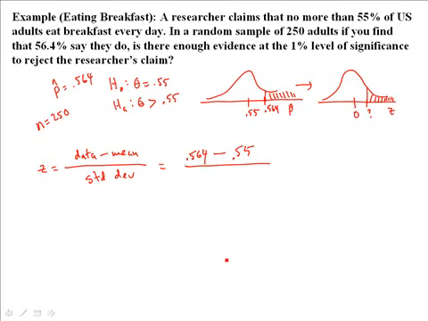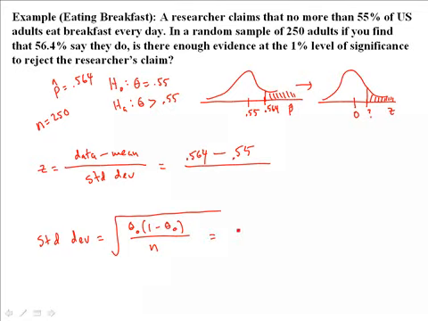Now, what about the standard deviation? How do we get the standard deviation? You use the formula for standard deviation. Tell me what it is. It is the square root of theta times (1 minus theta) over n. That's right. So I'm going to use theta 0, where theta 0 stands for this value right here, 0.55.